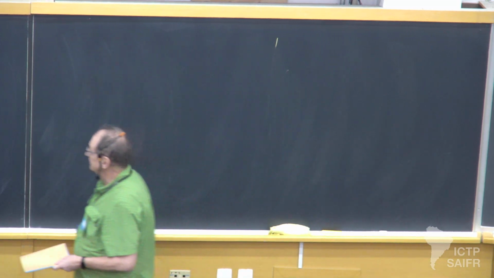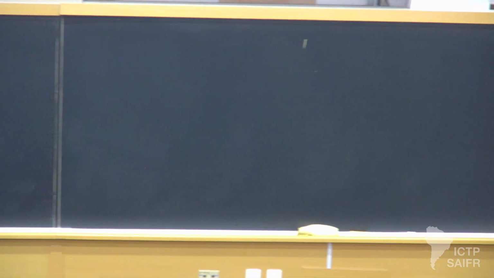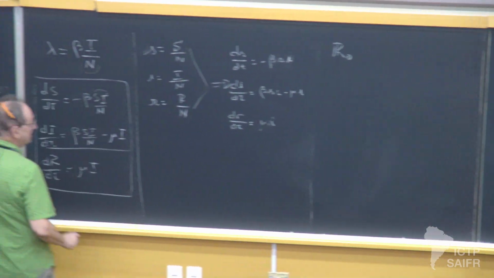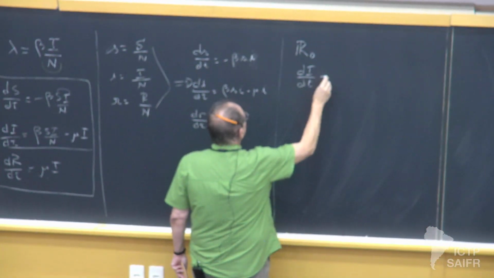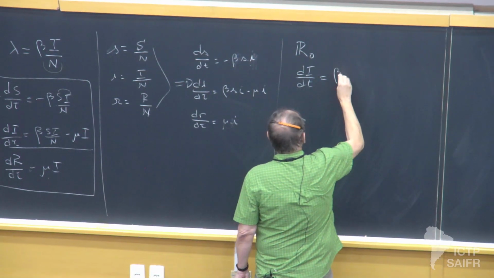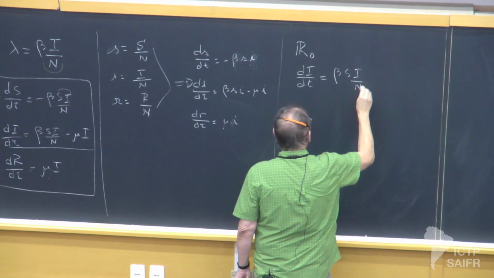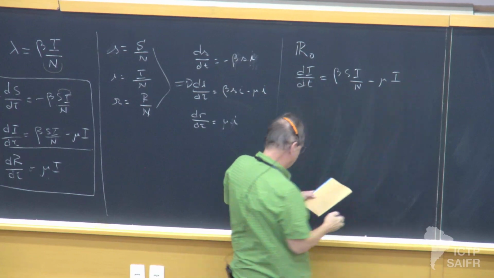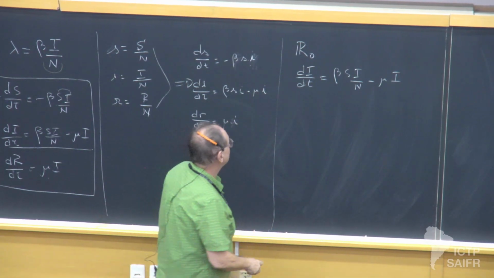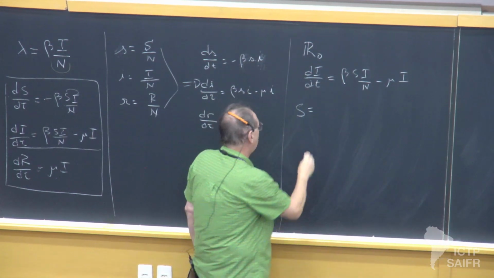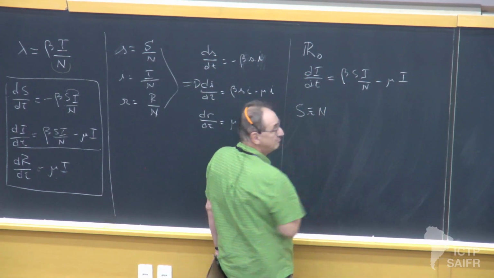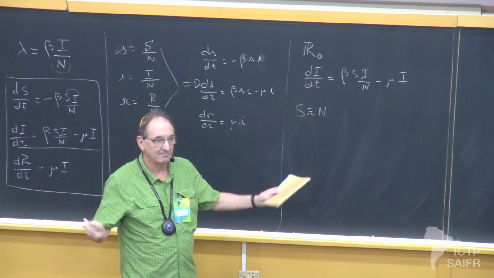And therefore, it's very easy to find the conditions to have an epidemic if you look at this equation for I, which will be beta S I over N minus mu I. And that's essentially what Joshua made. So at the beginning, S is approximately equal to N, everybody. Okay?